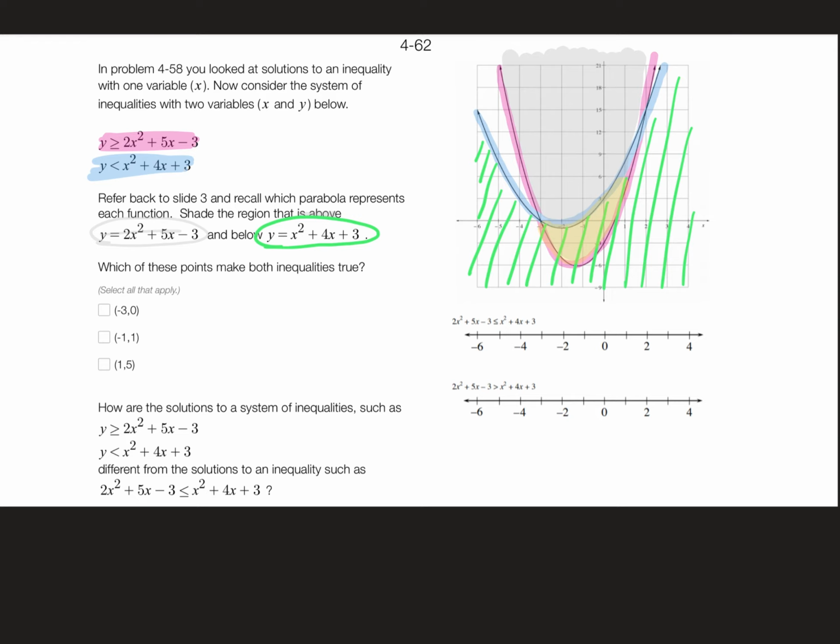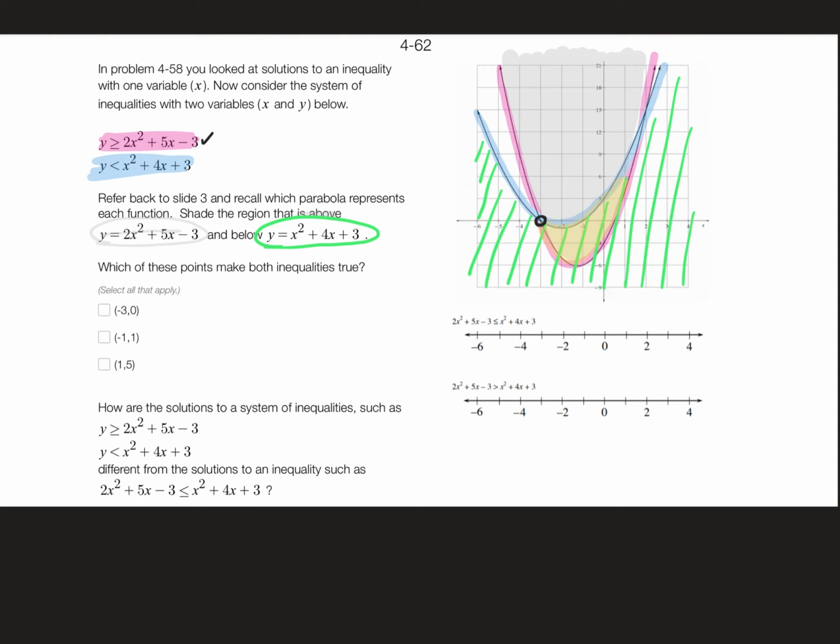Okay, so let's look at identifying whether or not these 3 points are actually going to be solutions to that system. In order for it to be a solution to the system, it has to lie in that area that I shaded in yellow. So negative 3, 0. Okay, here's the thing. Negative 3, 0 is on the pink boundary, which is interesting because that would make this equation true.